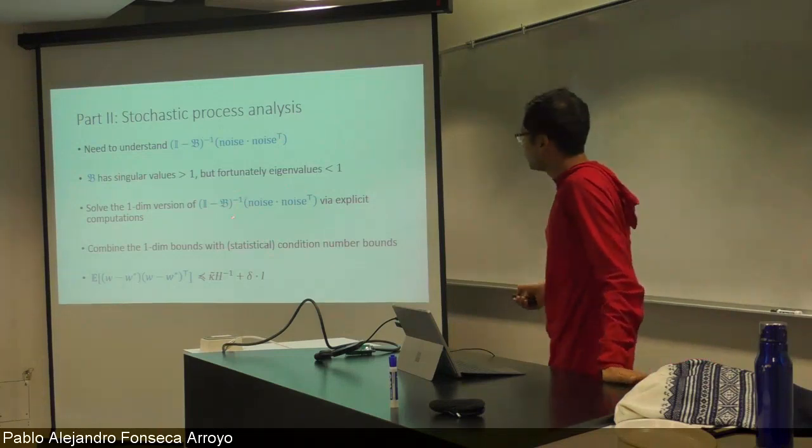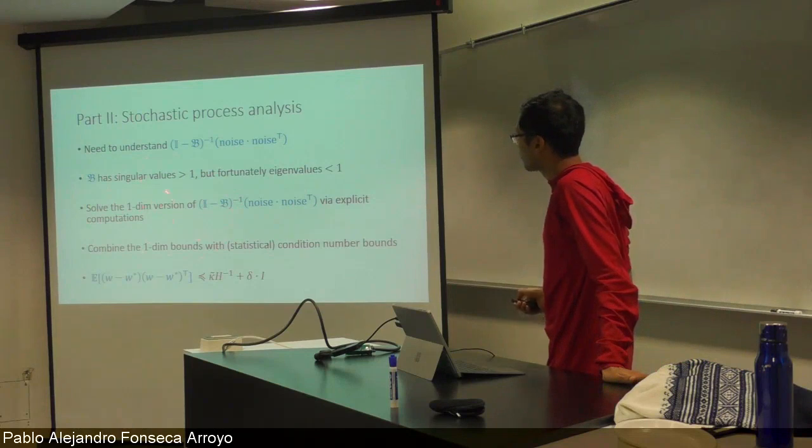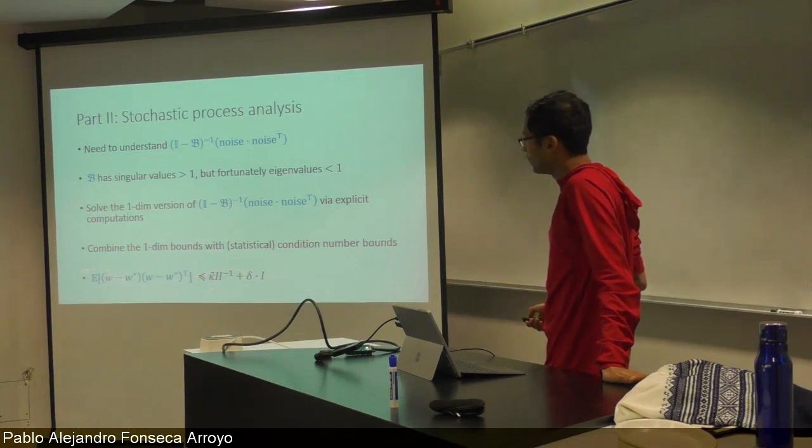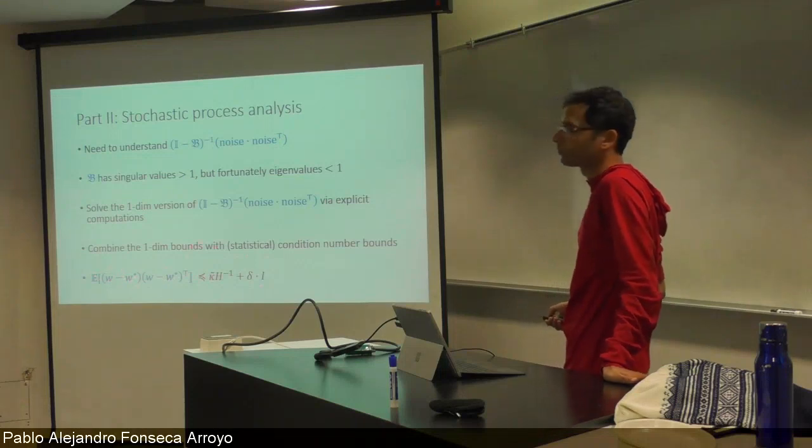While all of this is pretty technical and quite involved, there is one nice statement that we can make, which is that if you look at theta T and its covariance matrix, it's less than or equal to the statistical condition number times H inverse plus delta times identity. So this gives you a way of bounding the covariance of the iterates around W star.